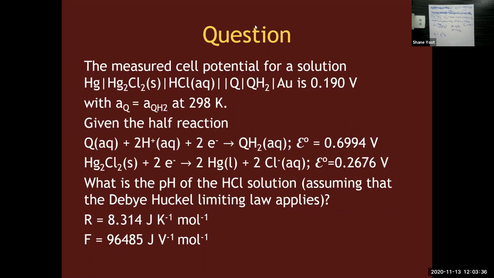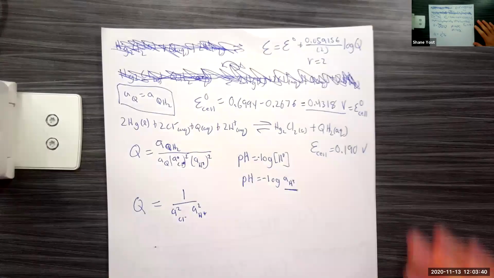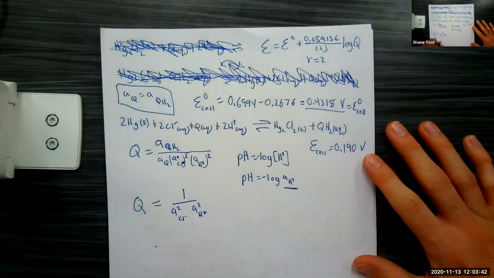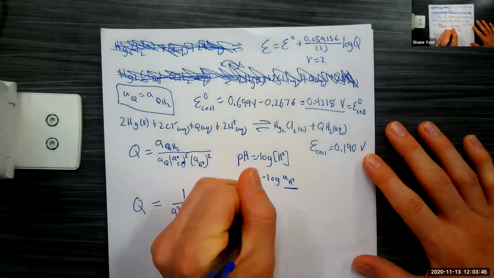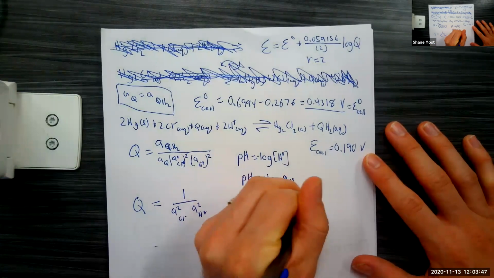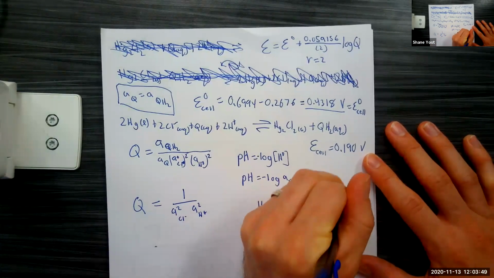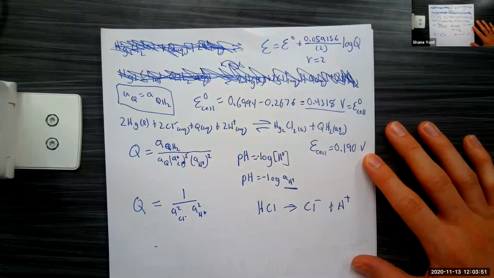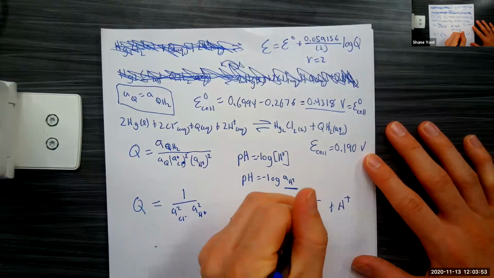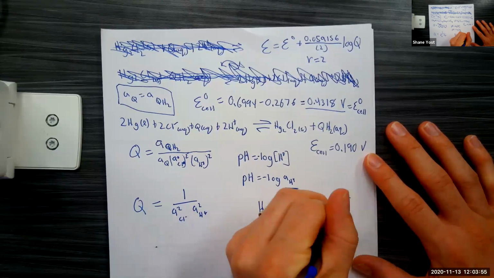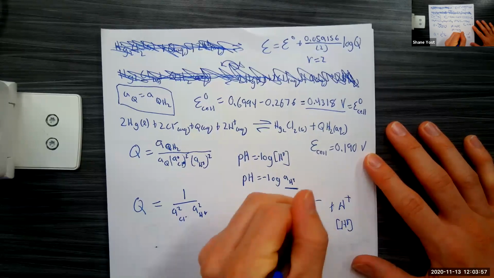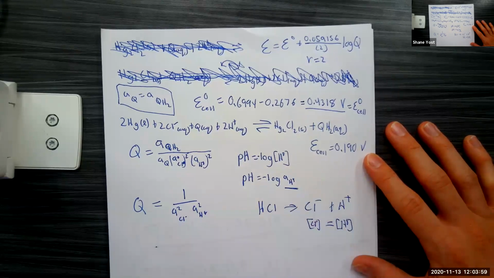And so HCl is what is contributing to the Cl minus concentration and H plus concentration, which means that the concentrations of both of these things, H plus and Cl minus, are going to be equal in solution.